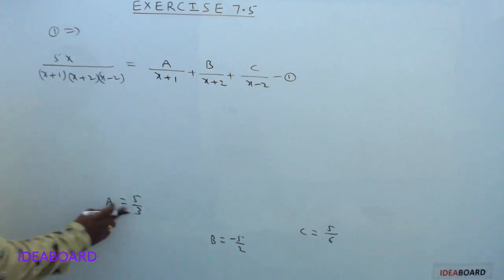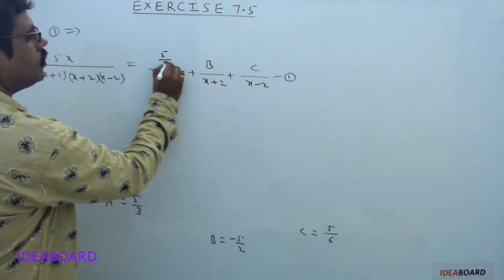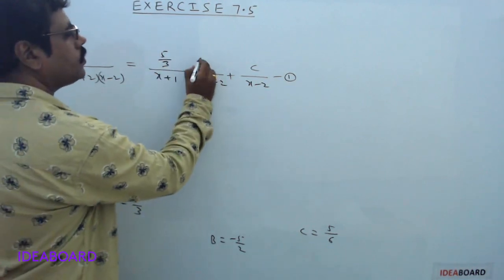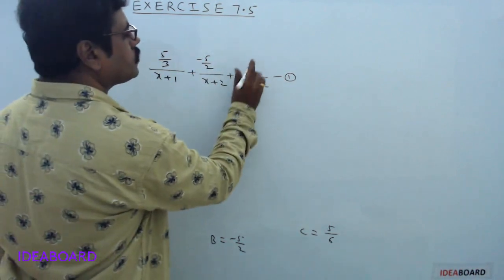So what is your a value? 5 by 3. So in place of a, you write down 5 by 3. B value minus 5 by 2. Then c value 5 by 6.